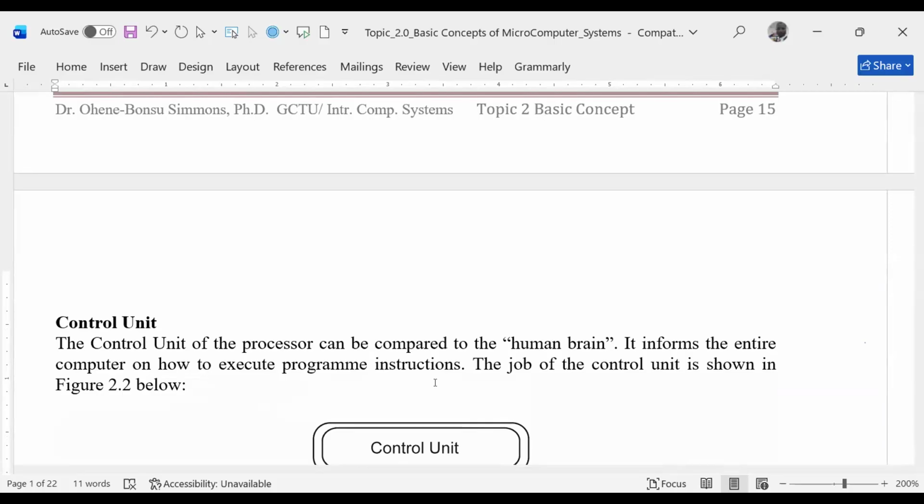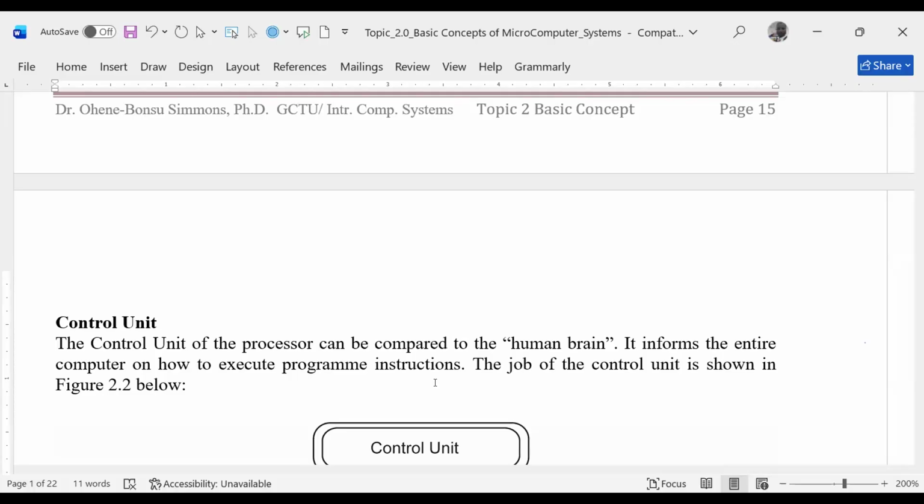Good. What about the ALU? Who just spoke? Is it Bernard? Sir, it's Philip. Okay. So another person.